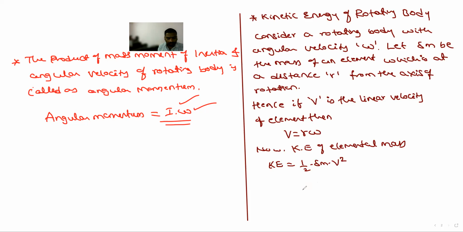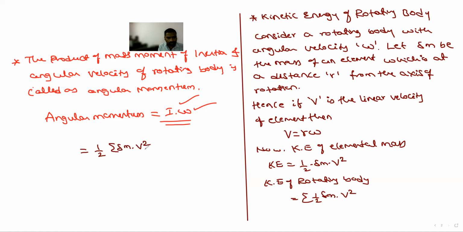So kinetic energy of the rotating body. The total kinetic energy is equal to summation of individual kinetic energy, so summation of half of delta m into v square. Half is common, so summation of delta m into v square.